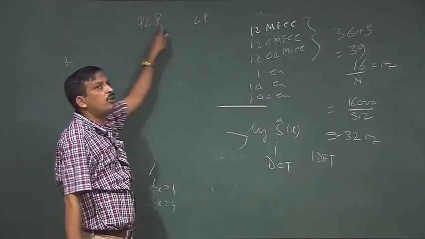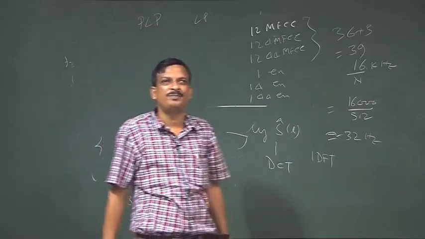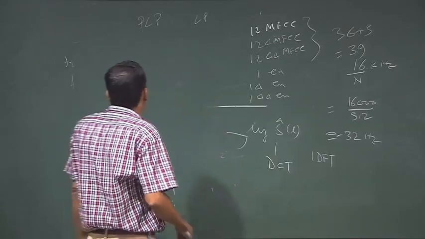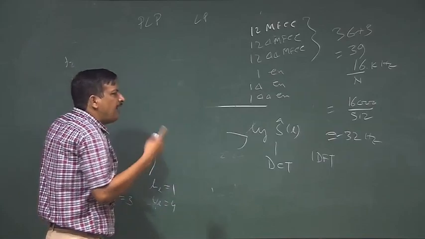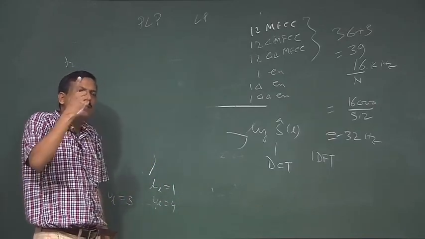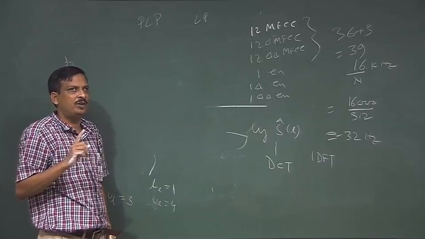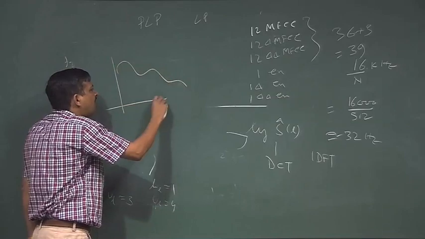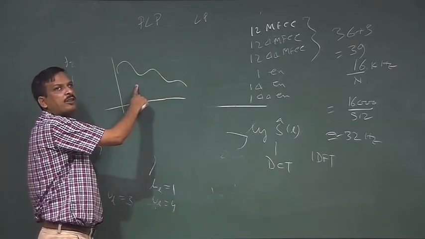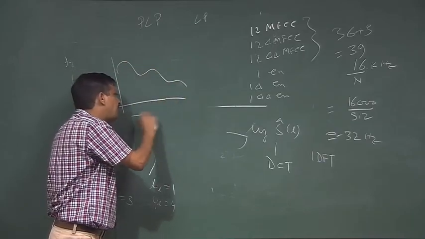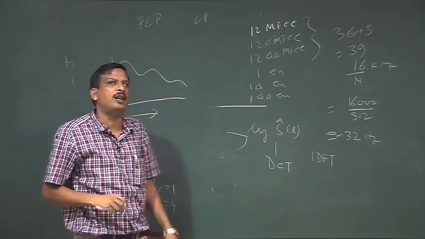So, what is perceptual linear prediction? It says that I modify my signal as per the human perception. If you see, the spectrum of the signal is not at the scale of human perception. So, I modify the spectrum of the signal as per the human perception behavior.